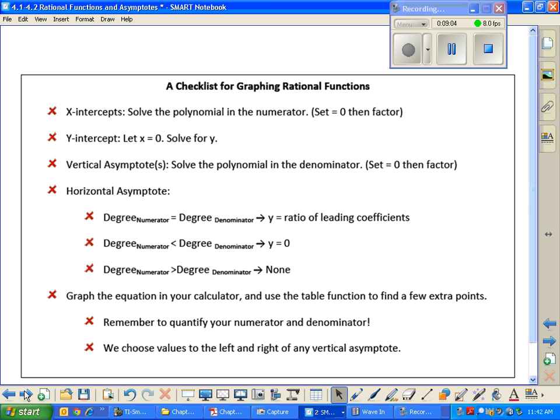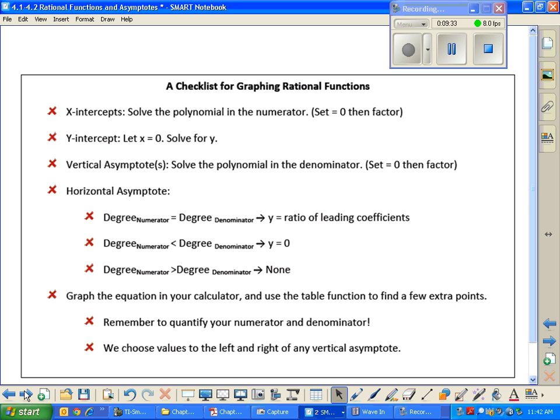The first thing that we're always going to try to find is the x-intercepts, the places where the graph crosses the x-axis. This comes from just setting your numerator equal to 0, and then you solve. The y-intercept comes from letting x equal 0. The vertical asymptote, all you're going to do there is set the denominator of the polynomial equal to 0 and solve.